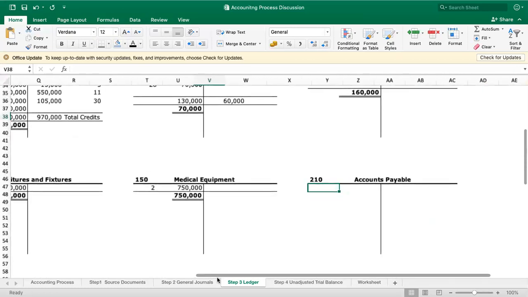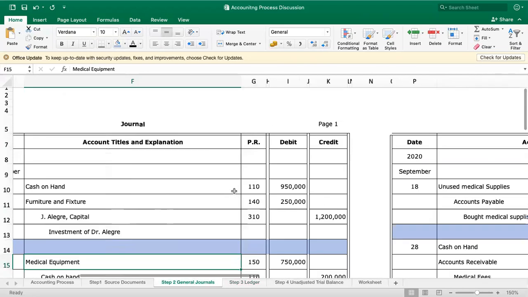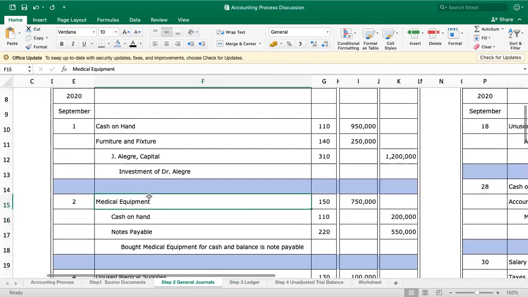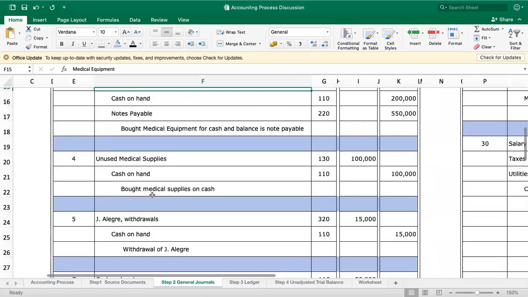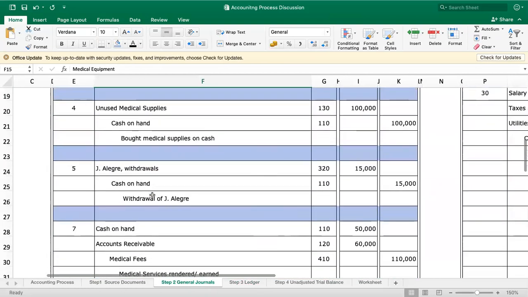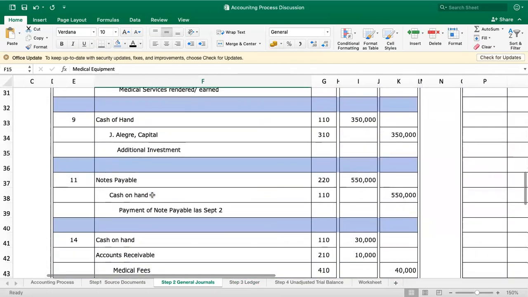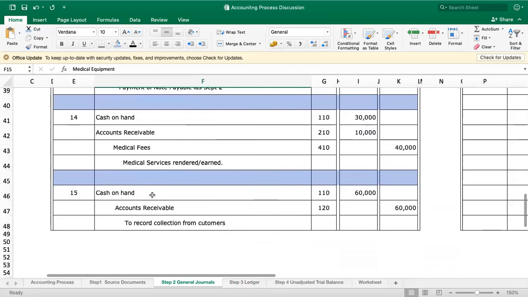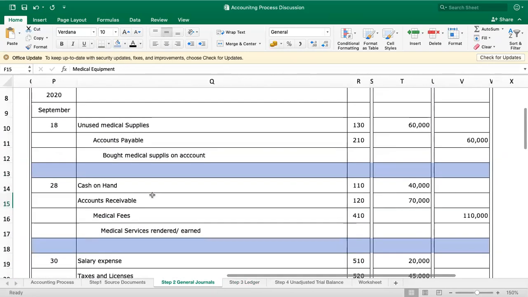Let's go back to our general journal. Meron bang accounts payable dito? September 1, wala. September 2, wala because it's a notes payable. September 3, wala din. Okay, wala dito.